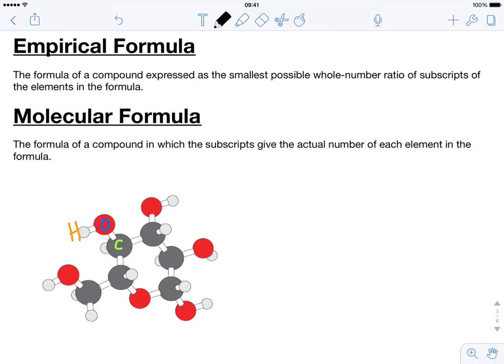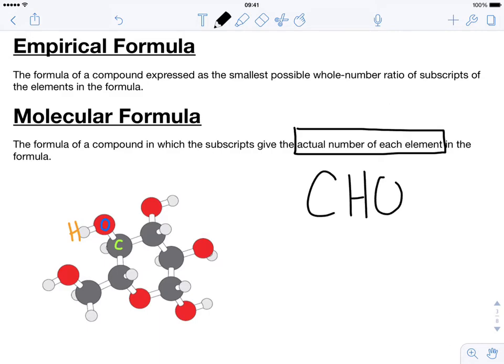The key thing to focus on in the definition of a molecular formula is actual number of each element. So a molecular formula is telling us the actual number of each element in the compound. If we look right here, I have a picture of a compound that includes the elements carbon, hydrogen, and oxygen.